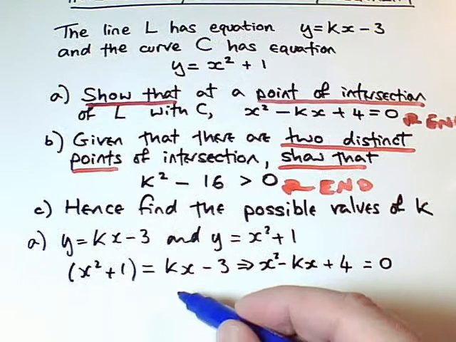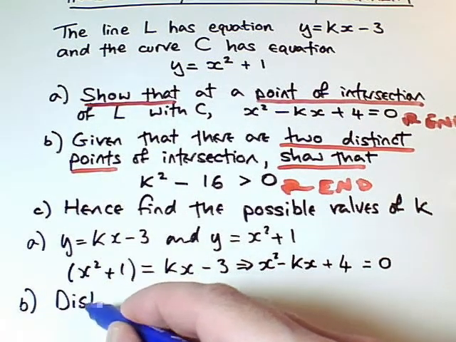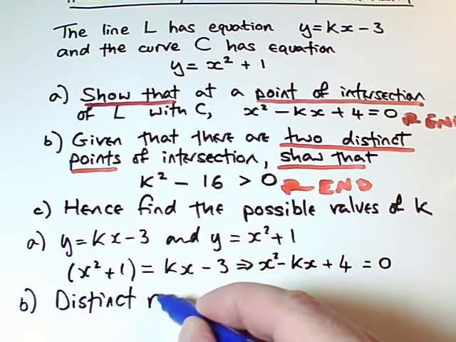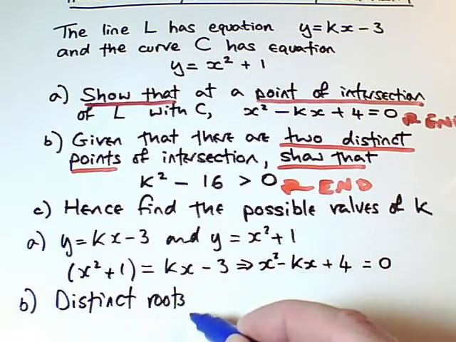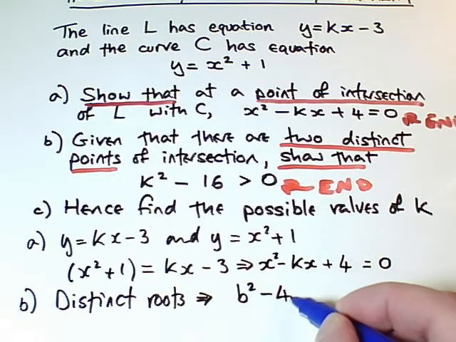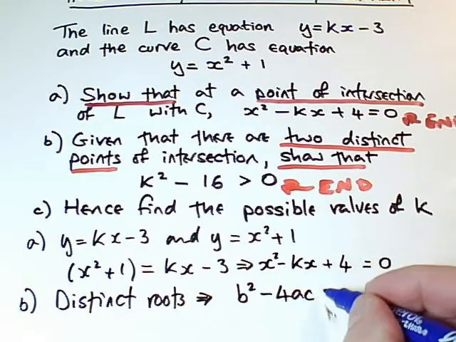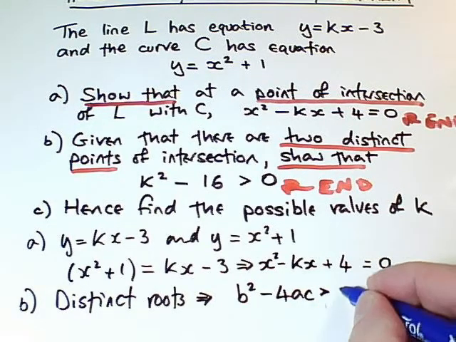We know this quadratic equation in part B, our starting point, is that we have distinct points and therefore distinct roots of our quadratic. And as soon as I pick that up, the first thing I write down is b squared minus 4ac equals, no, not equals 0. Distinct roots is when that is greater than 0.